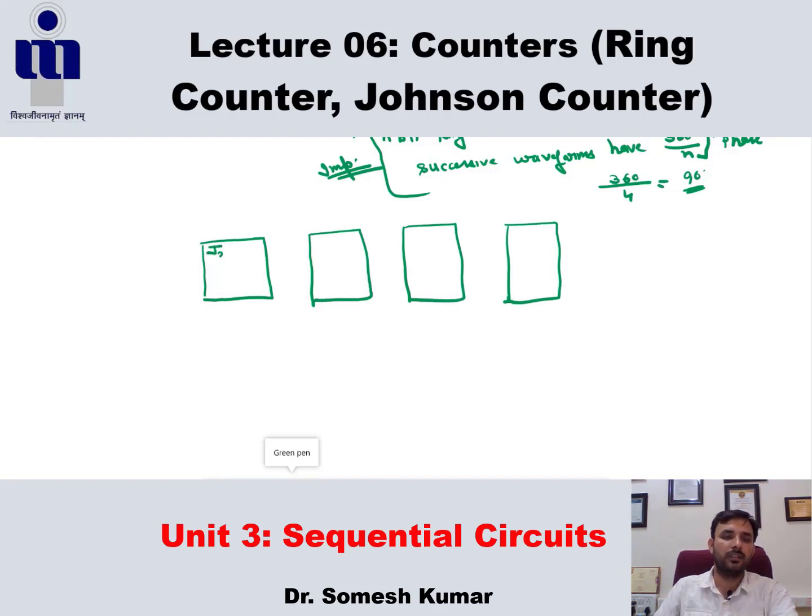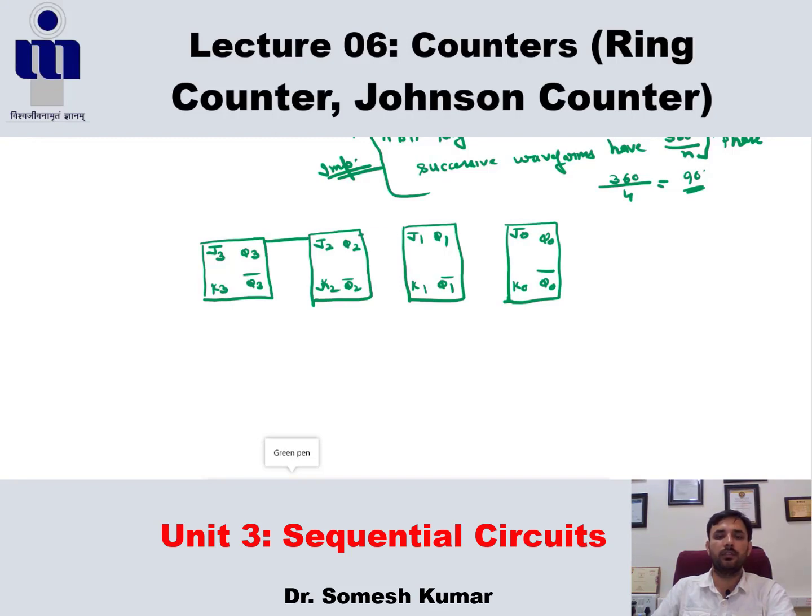So this is our J3, K3, this is Q3, Q3 bar. Similarly J2, Q2, J1, Q1, Q1 bar, K1, here J0, K0, Q0 and Q0 bar.